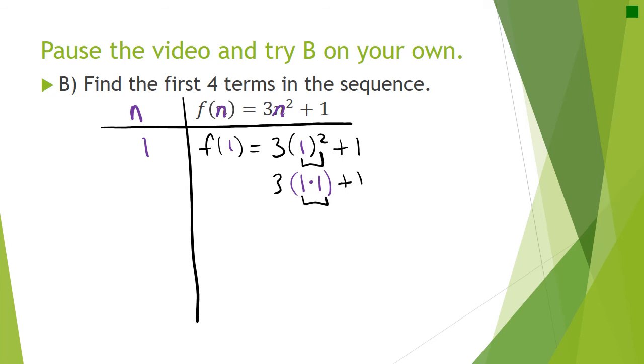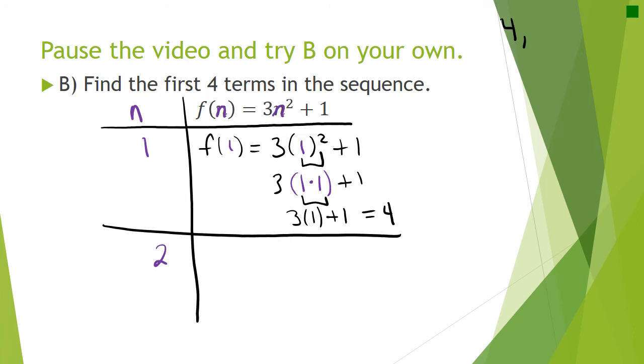So I'm going to go ahead and take care of this. 1 times 1 is 1. 3 times 1 plus 1. So 3 times 1 is 3, plus 1 is 4. So our first term in the sequence is going to be 4. So our first number in the pattern is going to be 4. And then we're going to go ahead and try our second term here. You're going to go ahead and plug those in.